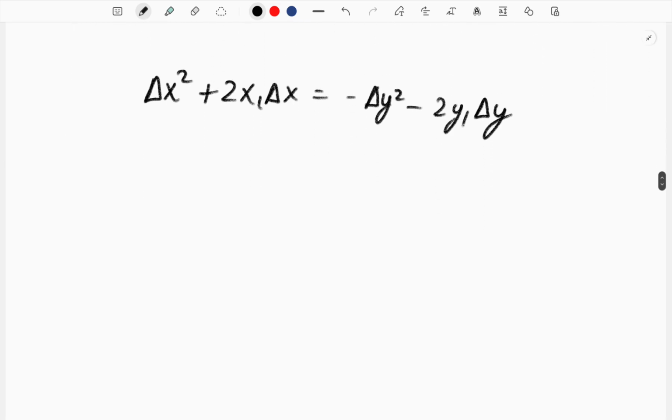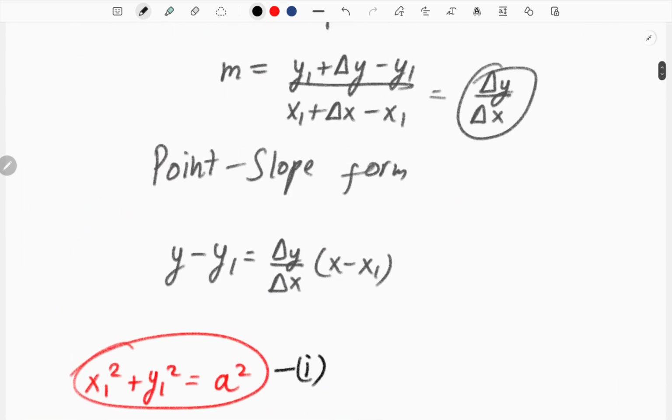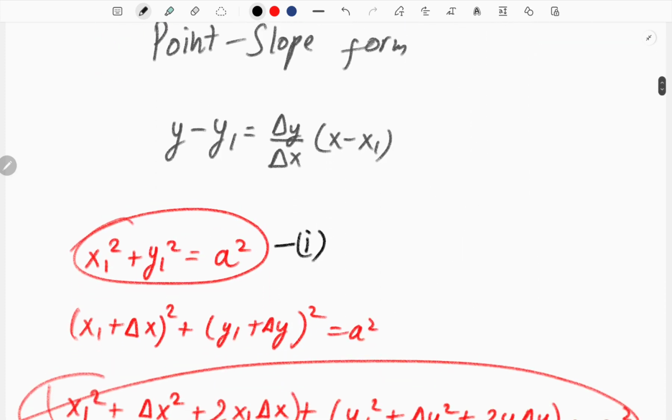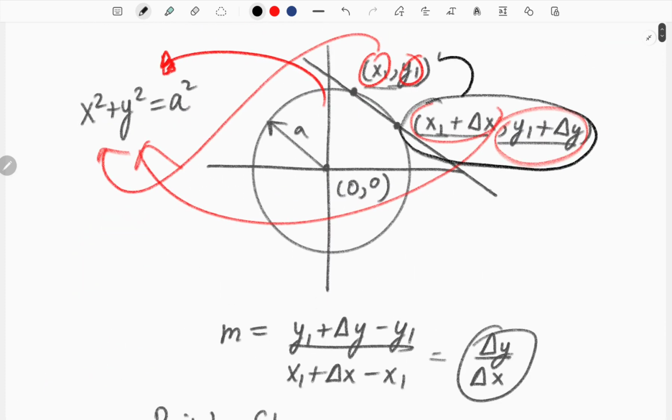Now, let's come to what we were trying to do. We were trying to make a tangent at this point, but we needed 2 points to make a line. Now what if I make this point equal to this point?